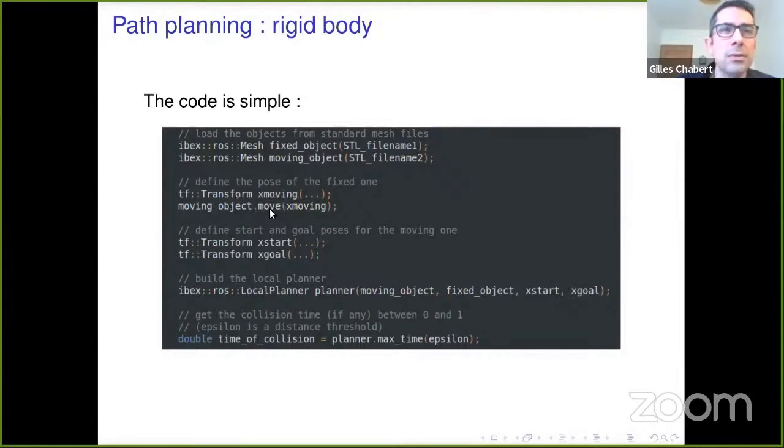It's the fixed object, so you basically settle the fixed object at a given pose. Then you define the start and the end transform for the moving object, and then you just call a local planner with the moving object, the first one, and the start and ending pose, and then you can calculate the maximal time before collision. And the time is between 0 and 1, and if the answer is 1, it means that there is no collision.